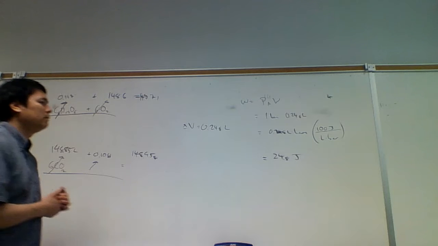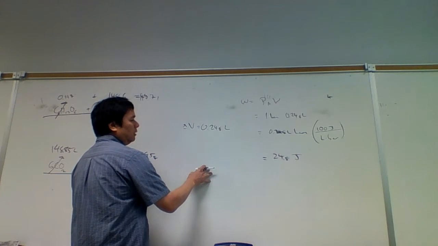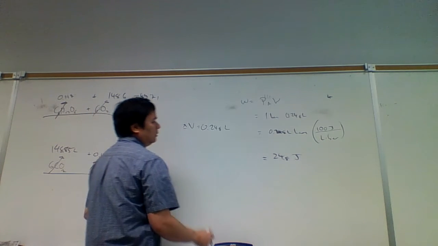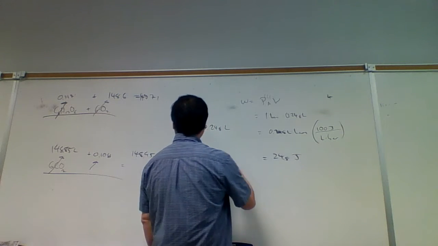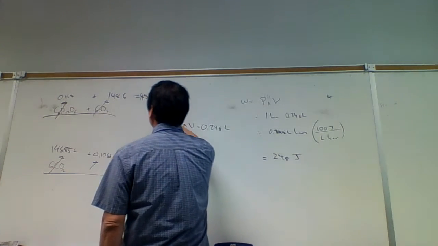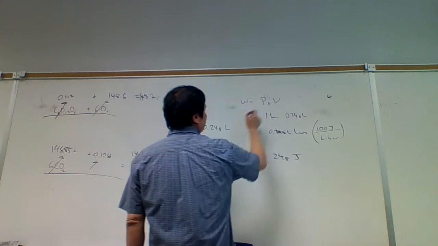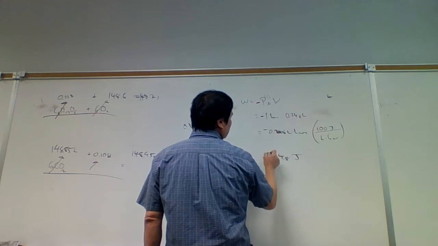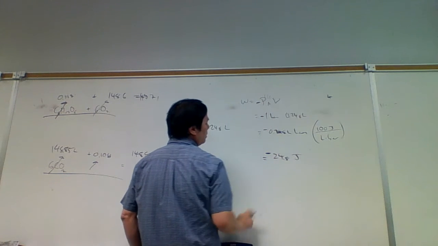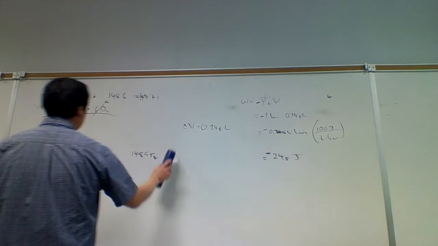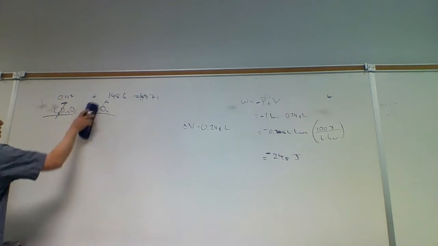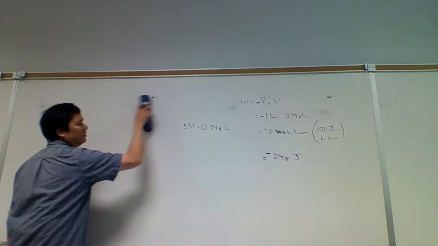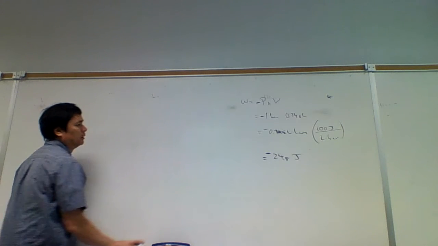All right, now the volume increased, right? So this is minus P delta V, and so this is going to be a loss of 24.8 joules. The volume expanded slightly. Okay.